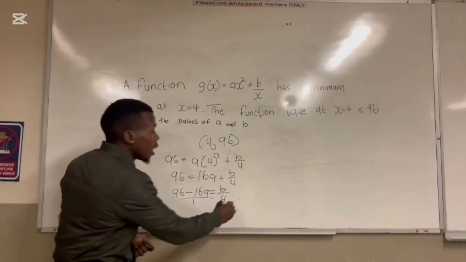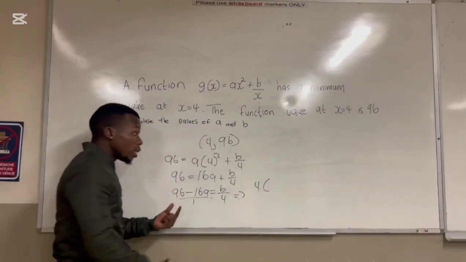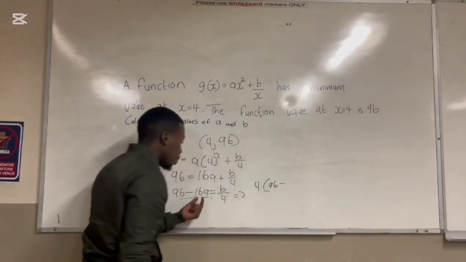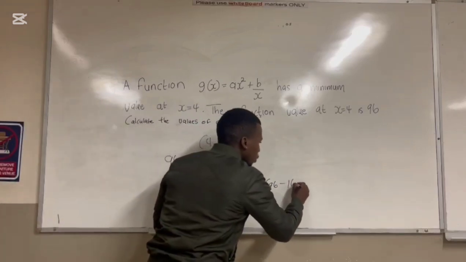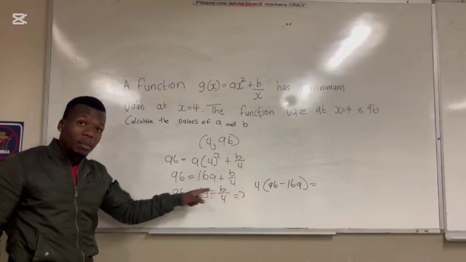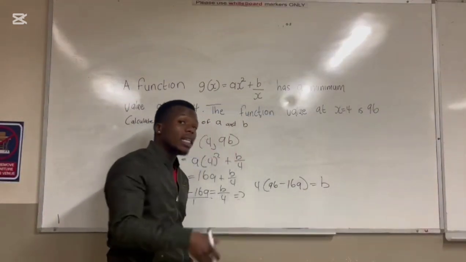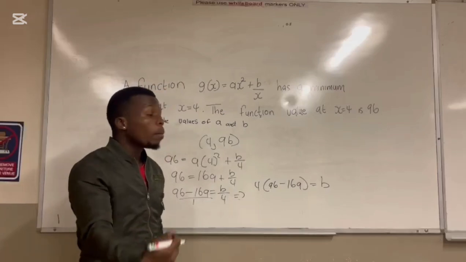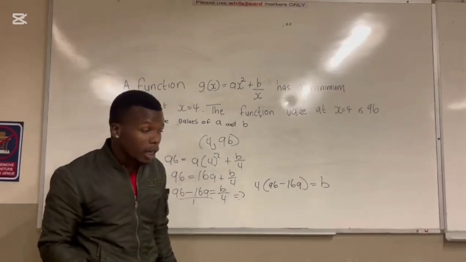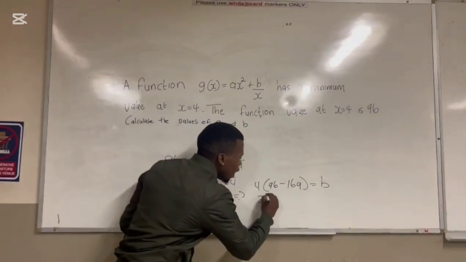It means I have 4 multiplied by (96 minus 16a), which is equal to b multiplied by positive 1, which is positive b. All I need to do now is simplify my brackets. 4 multiplied by 96 is 384.